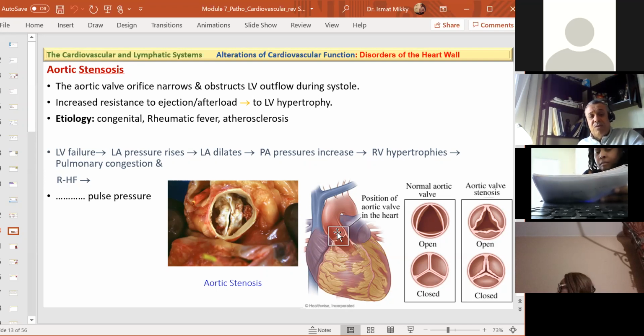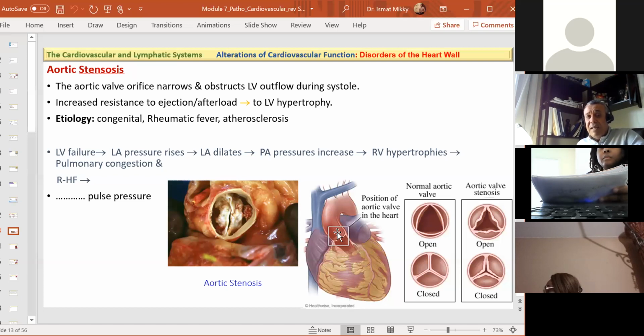The patient will exhibit dyspnea on exertion, angina, chest pain, and they may also develop syncope, or fainting, because of the significant decrease in cardiac output. Also fatigue and peripheral cyanosis, and all that has to do with the decreased cardiac output. So this is the sequence of events, what is called the hemodynamics of aortic stenosis.